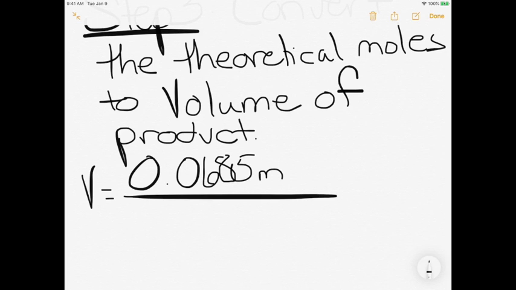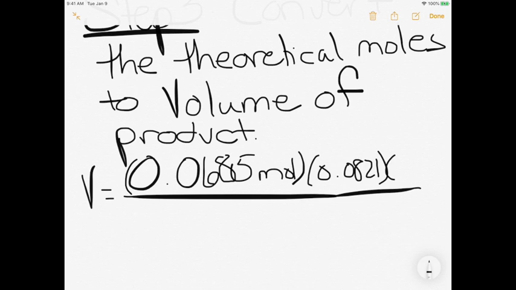So V is nRT over P. So we have our n, and then our gas constant, we're able to use 0.0821 because we're in atm. And then our temperature was 25 degrees, so 25 plus 273 gives us 298 Kelvin.